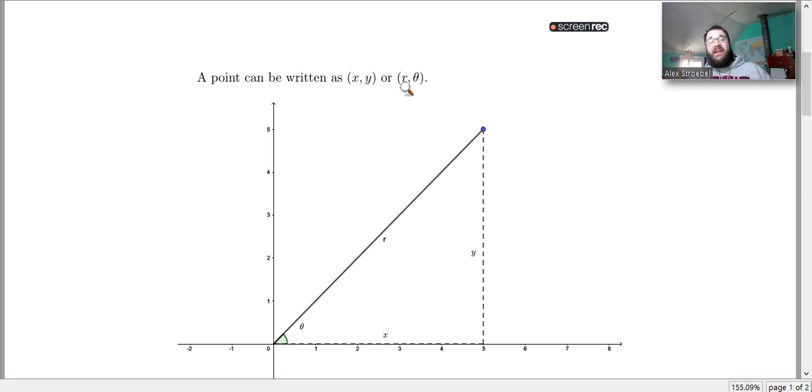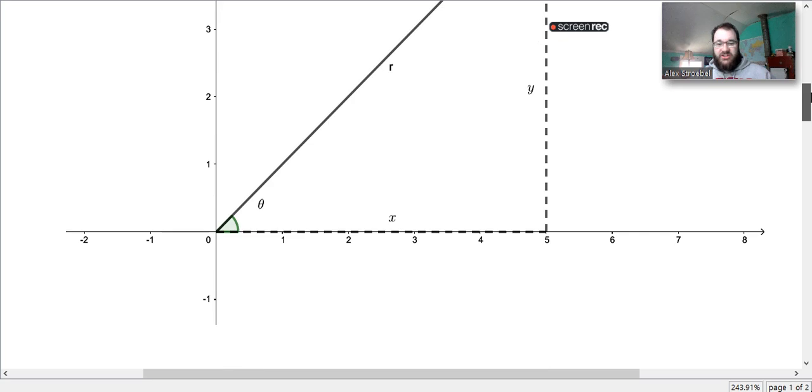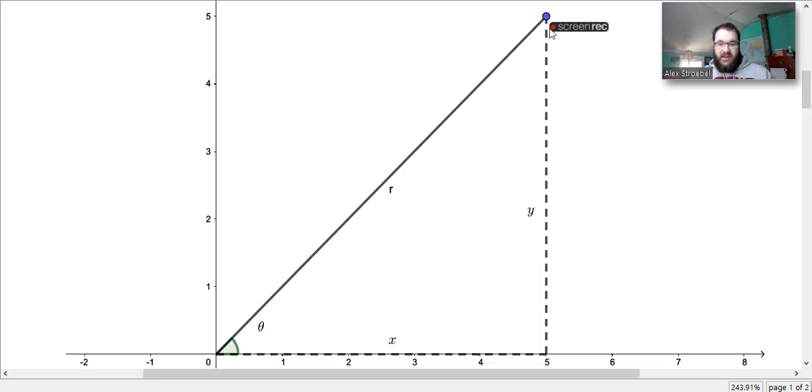You can also write it in polar coordinates, which is basically how far from the origin are you, and what direction do you go. So you have an r and an angle theta.